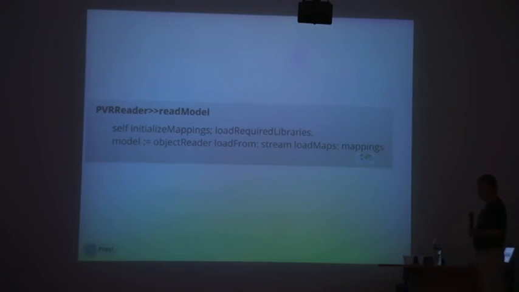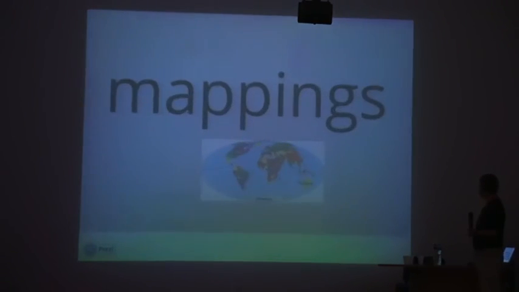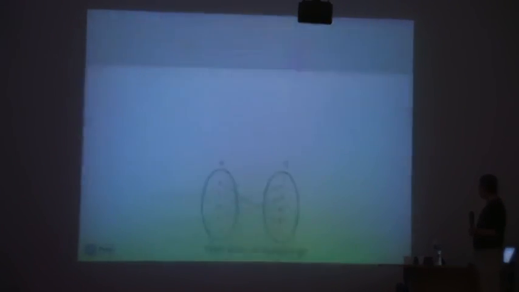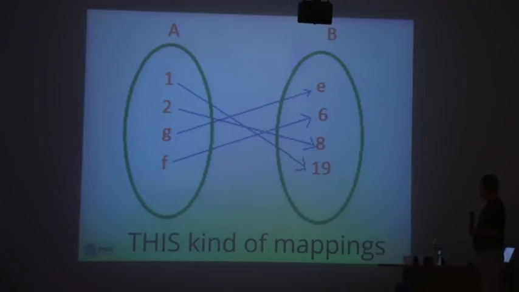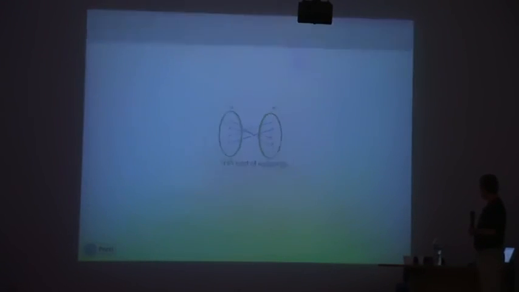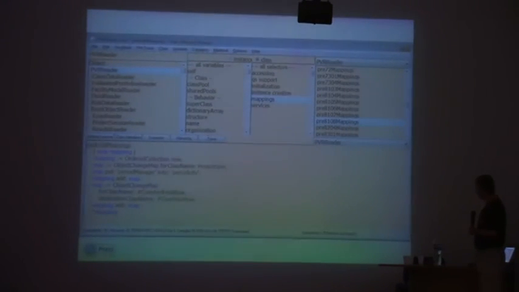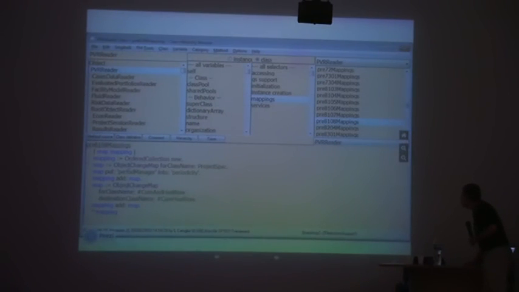As I have said, mappings are a common solution for renaming instance variables or renaming classes. These mappings are something like this. Mapping one name to another. We have an example here. Not sure if you can read, but we have two different mappings here.